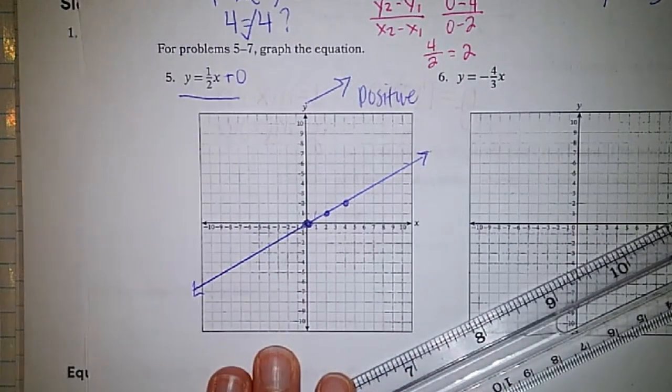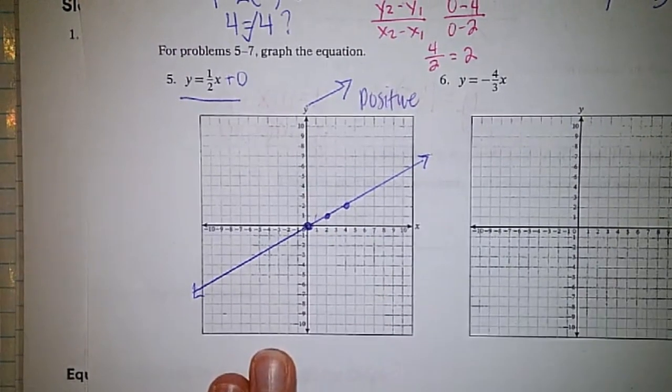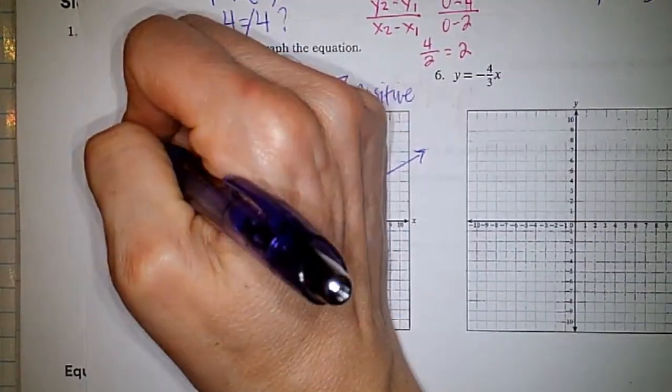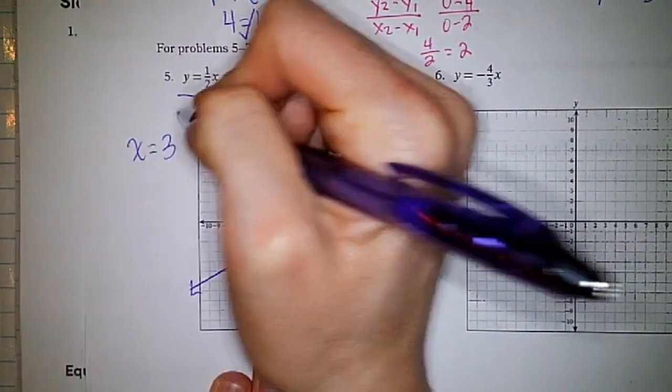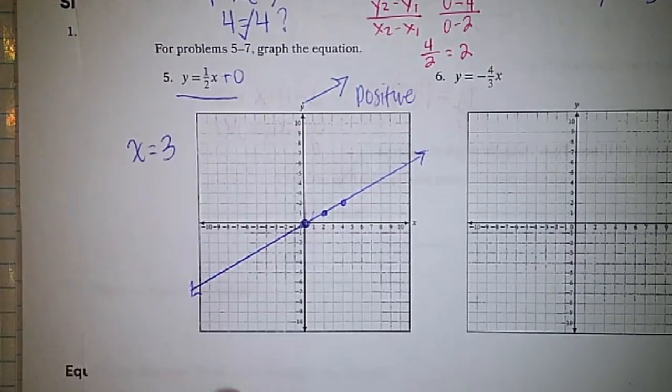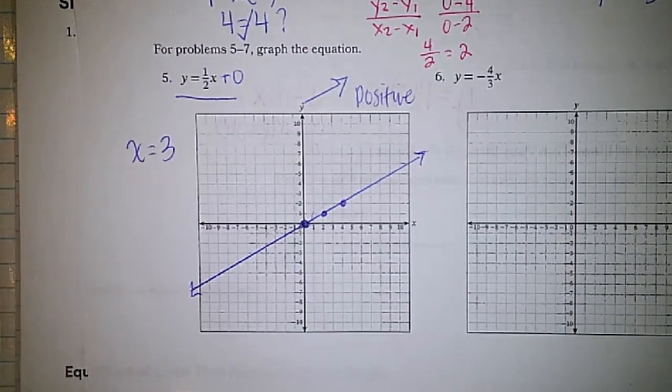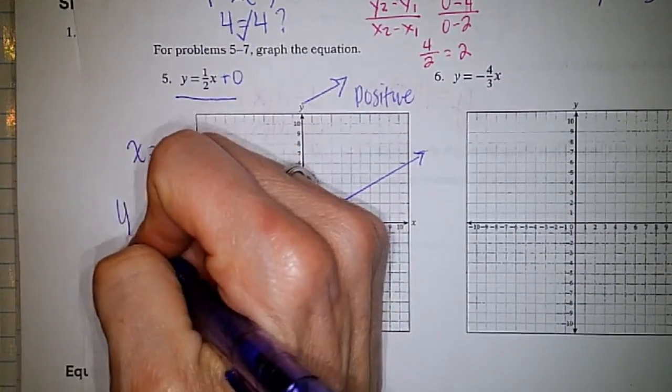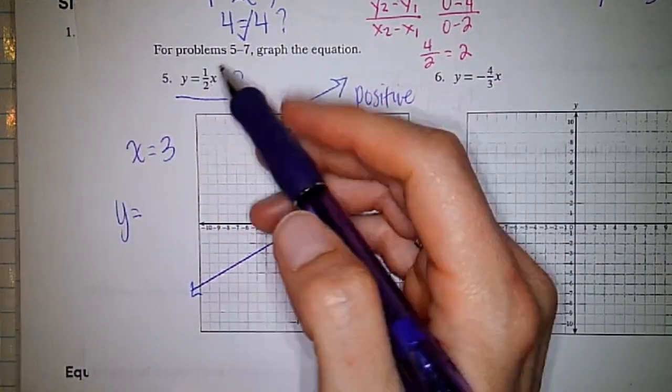So if you took any value, somebody give me a value of x. X equals 3. Okay, so let's see what our y is going to be when our x is 3. Ready? So y equals our slope, which is 1 over 2 times 3.